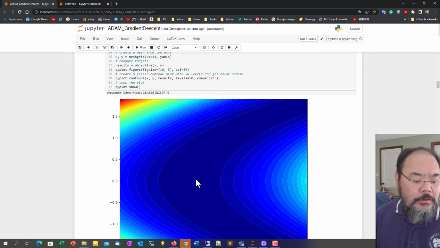Actually, the minima is around here. So for this function, the minima is at 1, 1, 1, 1, 1, 1, and the objective function equals 0. The red region is high, and the dark blue is the lowest region.